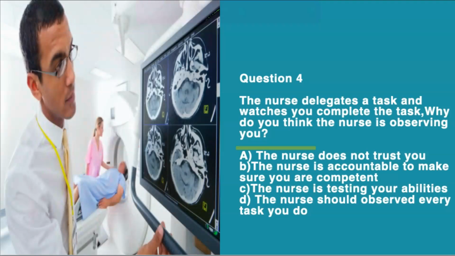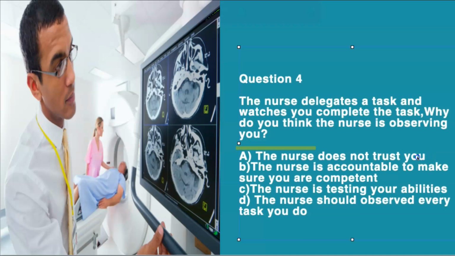Let's look at another question. Question 4. The nurse delegates a task and watches you complete the task. Why do you think the nurse is observing you? A, the nurse does not trust you.